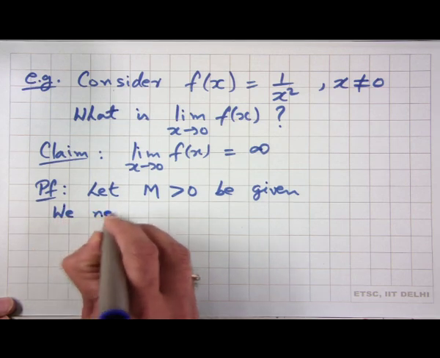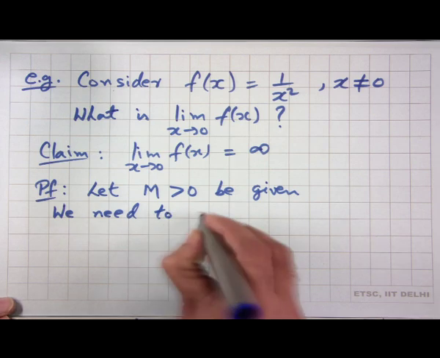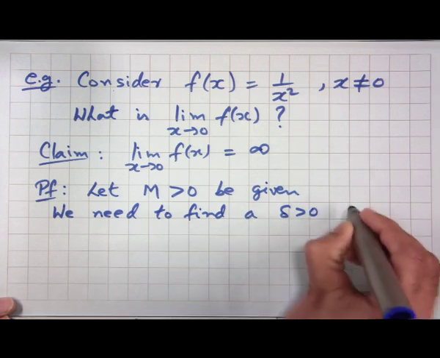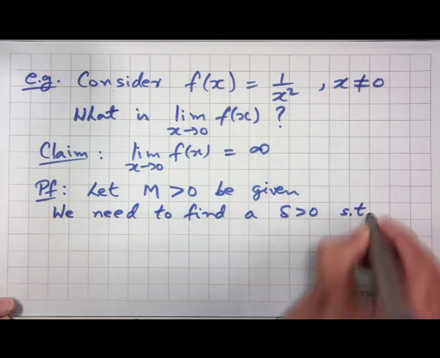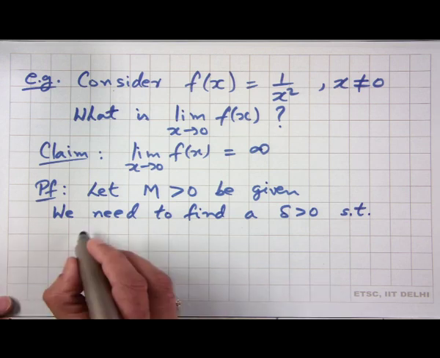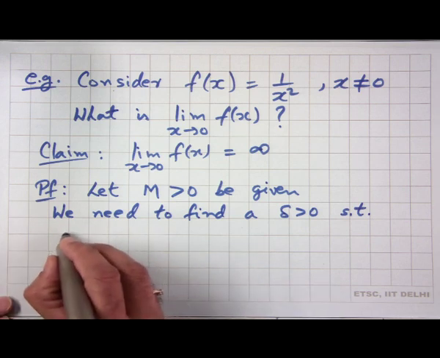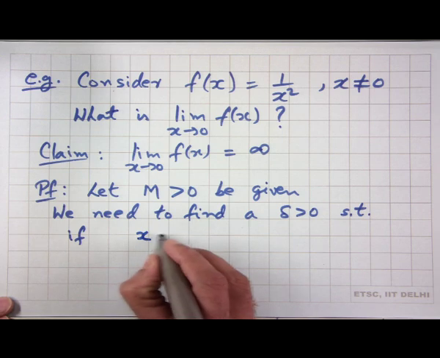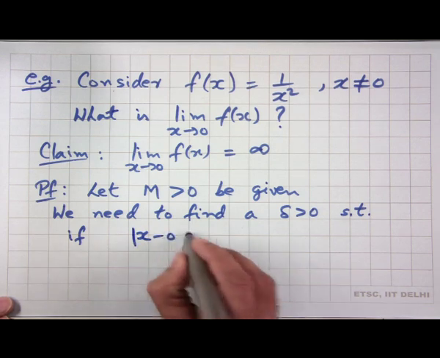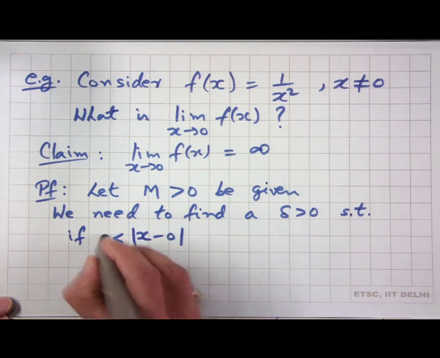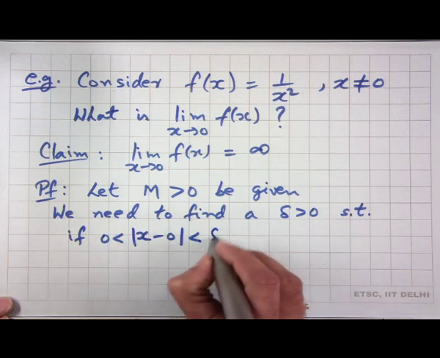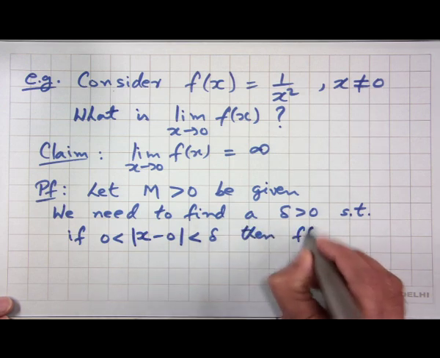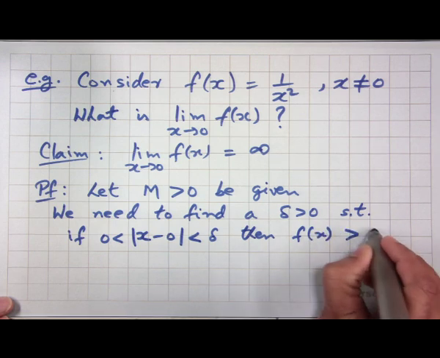We need to find a delta greater than 0 such that if mod of x minus 0 is bigger than 0 and less than delta, then f of x should be bigger than m.